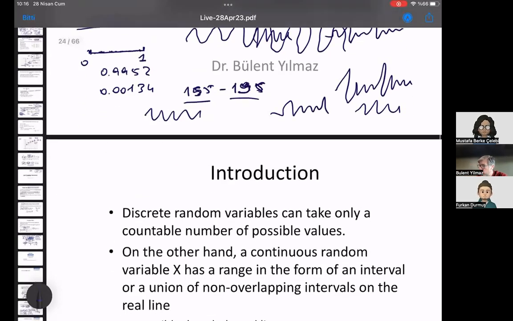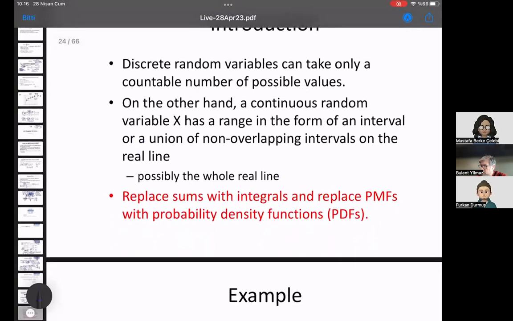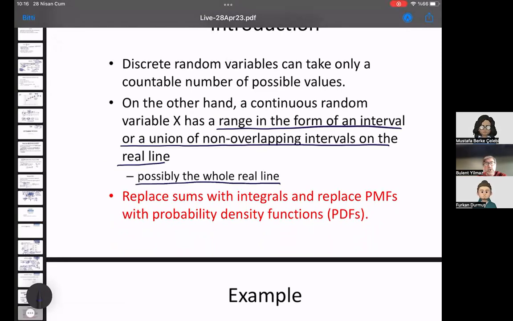So in continuous random variables, we have a range in the form of an interval or a union of non-overlapping intervals in the real line, okay? Possibly the whole real line. So we will be talking about all real numbers, for example, between 1 and 2, all real numbers, okay?